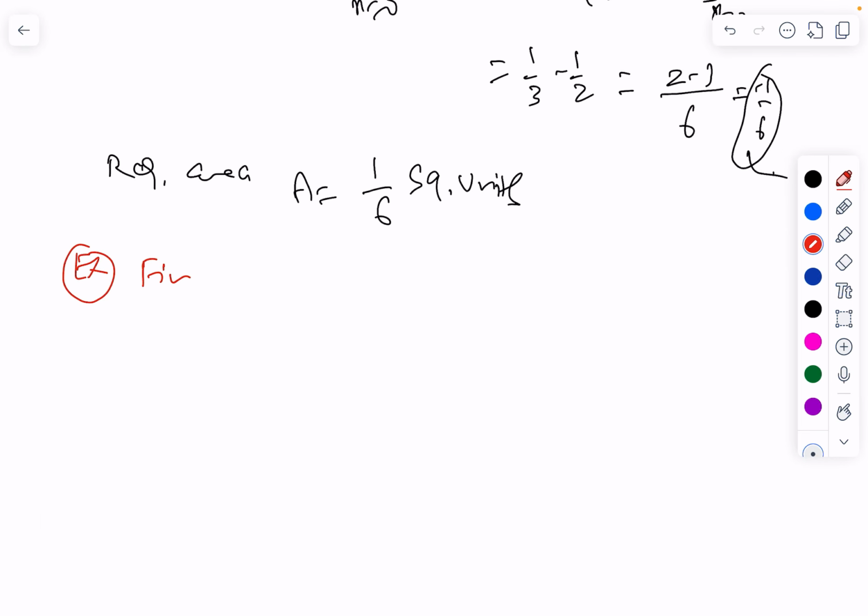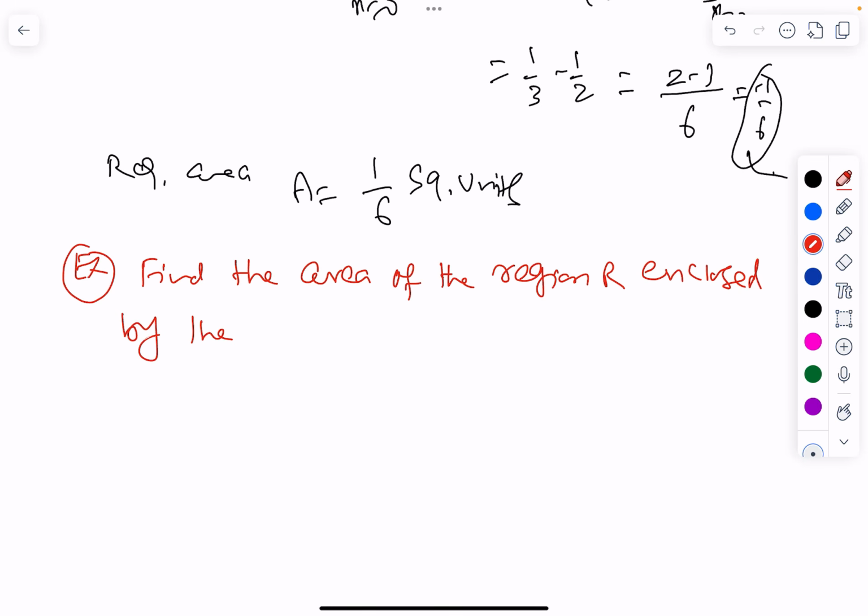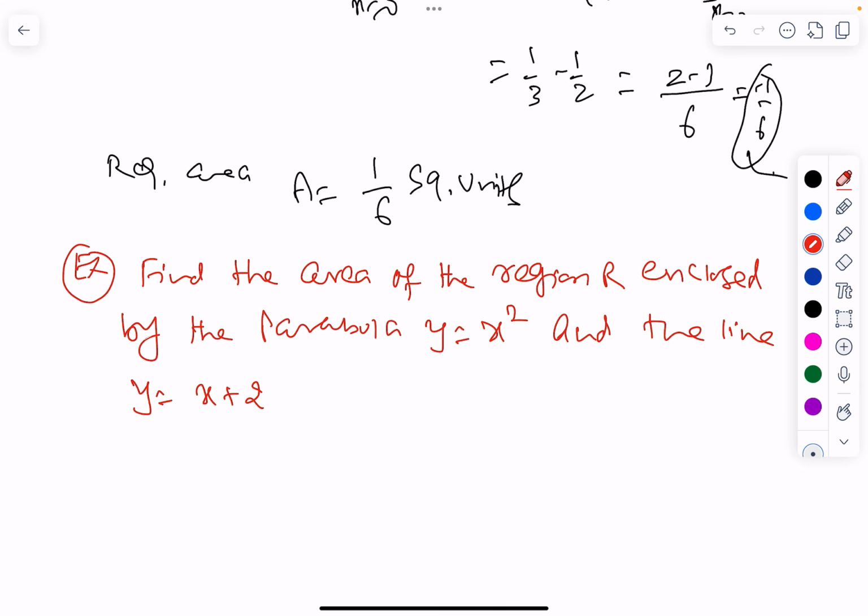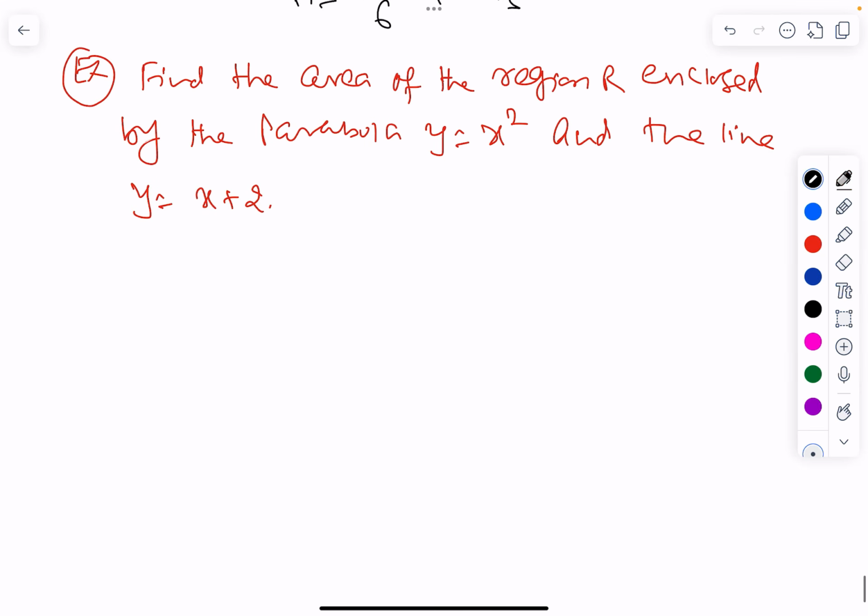Okay. So we take another example. Find the area of the region R enclosed by the parabola y equal to x square and the line y equal to x plus 2.